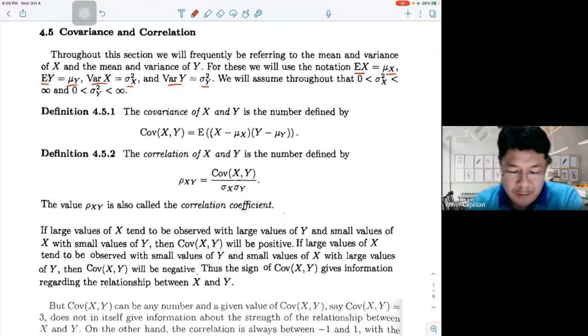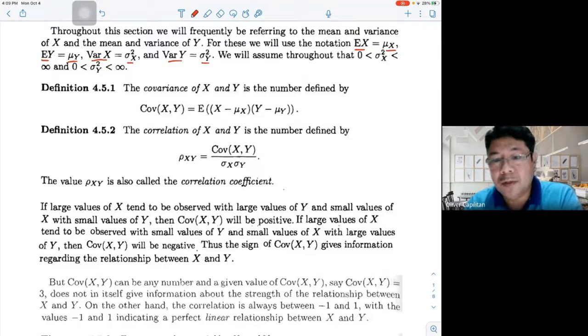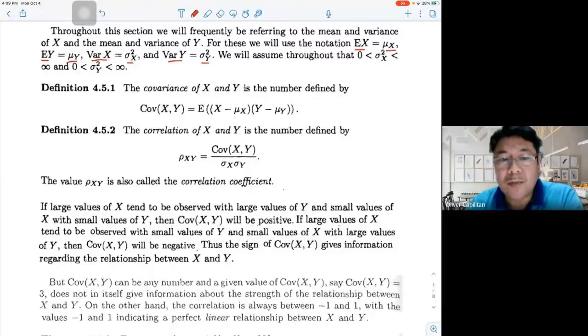Definition 4.5.9, the covariance of x and y is the number defined by, this is our notation, cov of x and y. This is equal to the expectation of the product of x minus the mean of x and y minus the mean of y. And then the correlation of x and y is the number defined by this Greek letter rho sub xy.